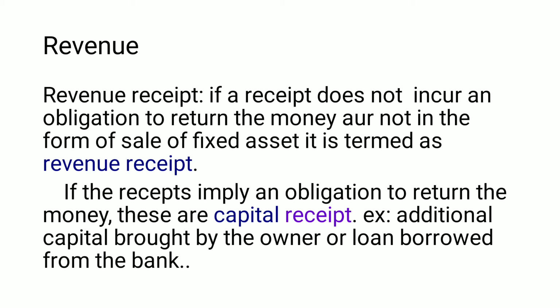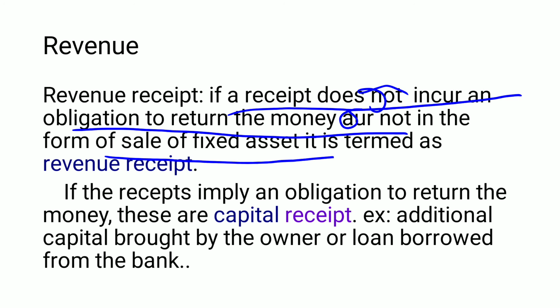On the basis of whether a payment needs to be made, if we divide the receipts, we get revenue receipt and capital receipt. See, when a receipt does not incur an obligation to return the money, or is not in the form of a sale of a fixed asset, it is termed as revenue receipt.